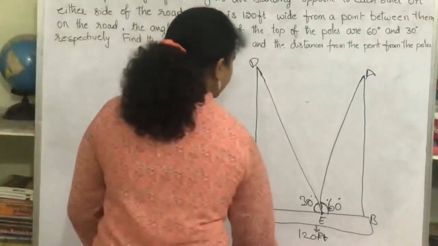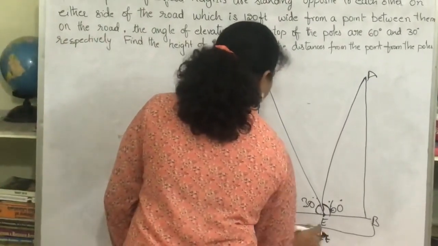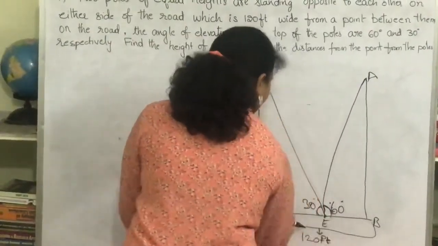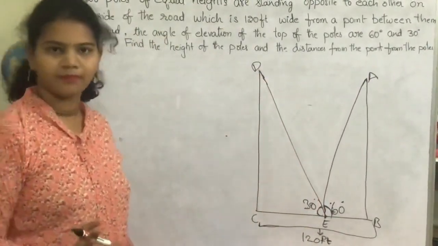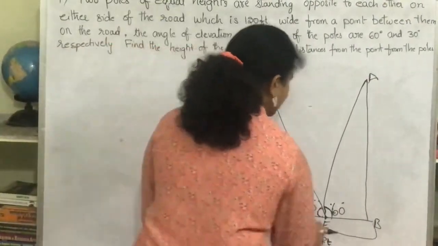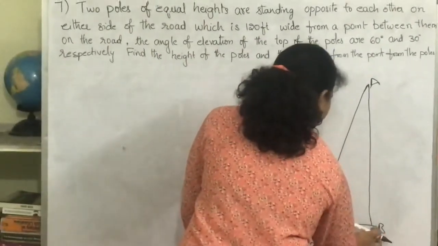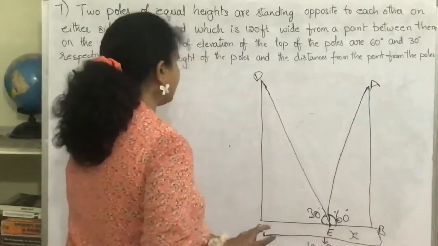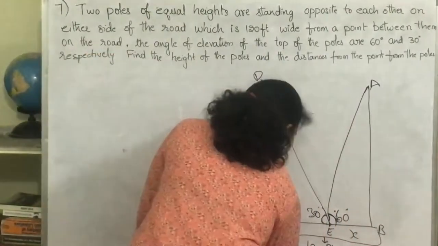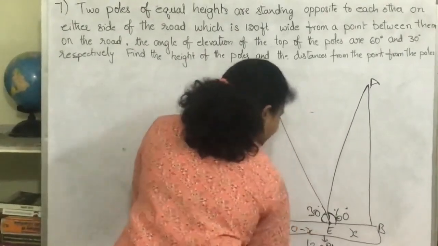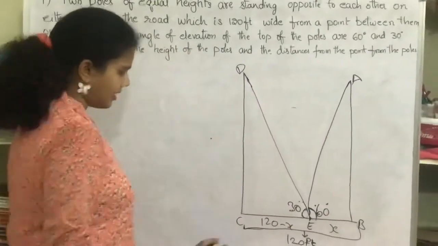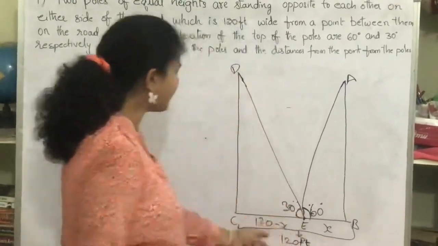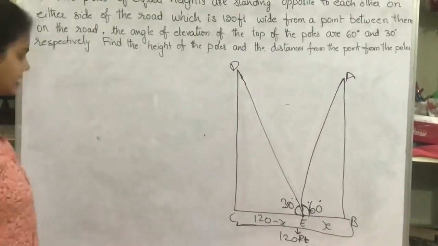Now we need to find the values of BE and CE. Let BE be x and CE be 120 minus x.